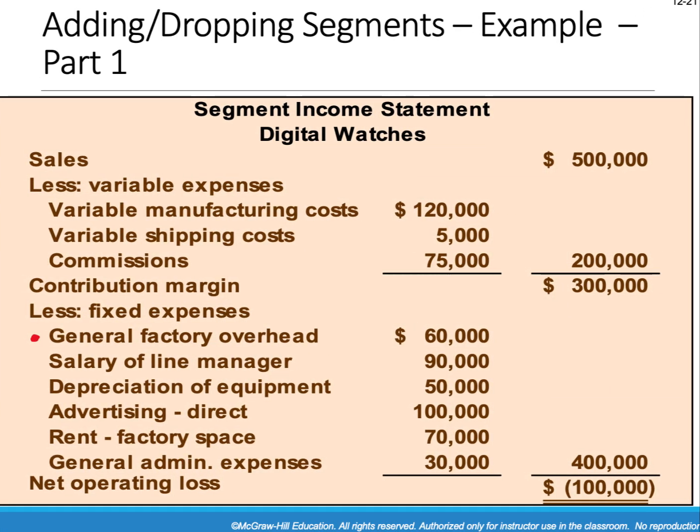The general factory overhead and the general administrative expenses, these costs don't go away, okay? They're still incurred even if we drop it, so we don't include these, okay? And then they said that the equipment has no other use. So look at the expenses that we're able to get rid of.